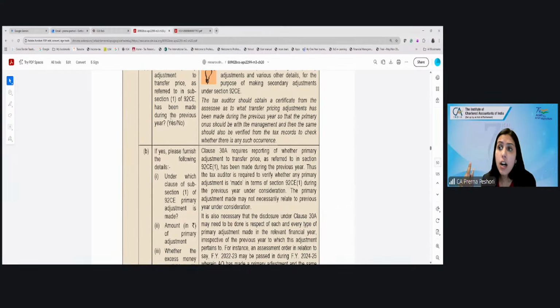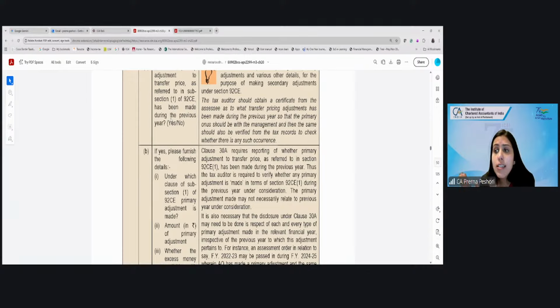Because I have made the sale at less than arm's length price. Now the foreign entity has to give this 20 back to the Indian entity to reconcile the books of accounts with the transfer pricing adjustment.